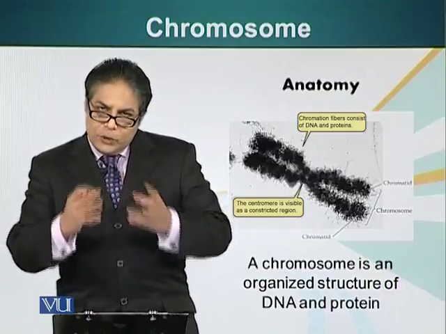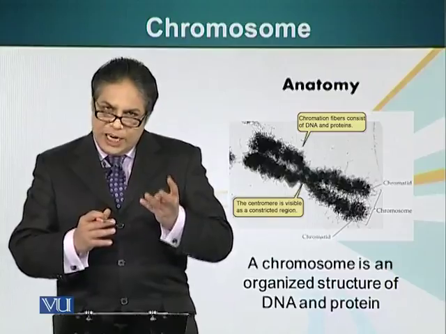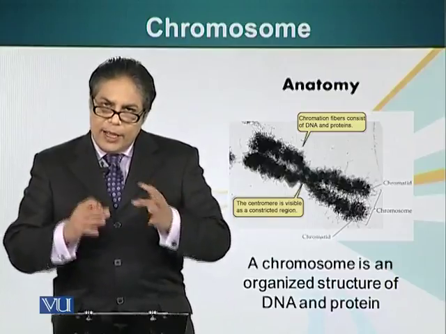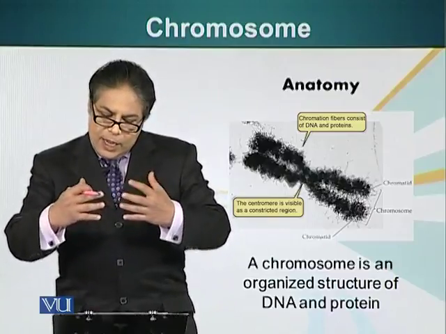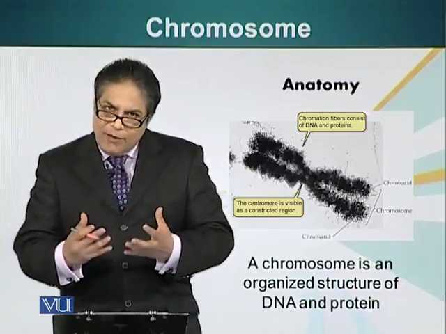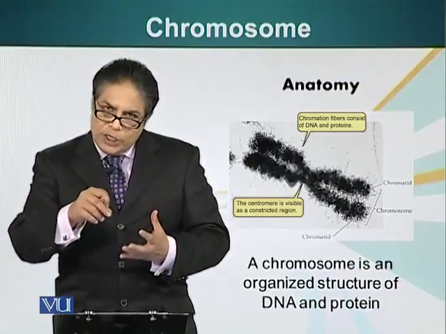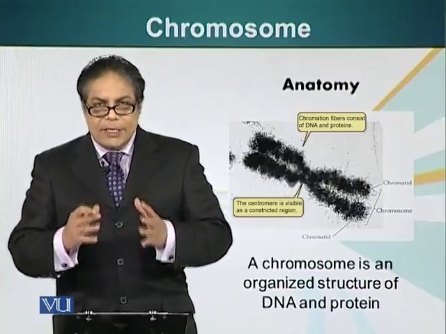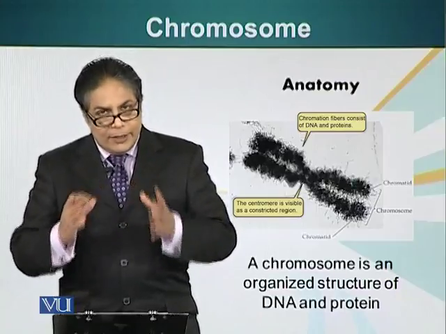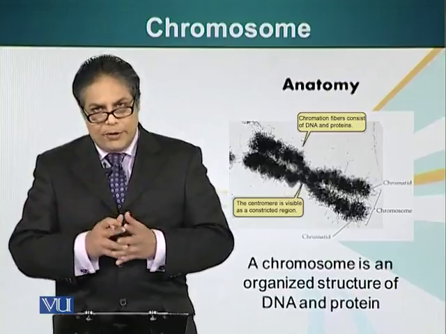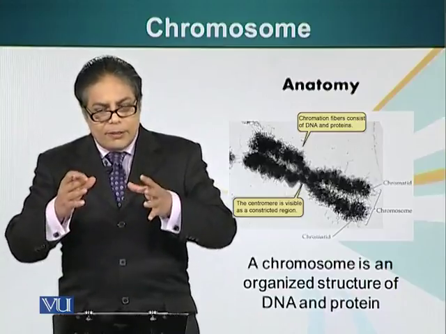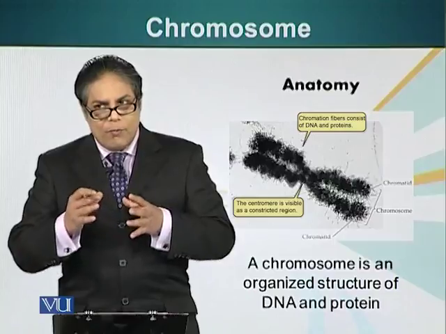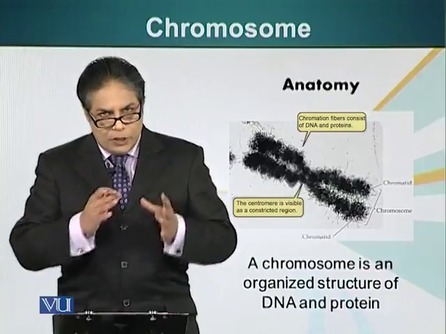A chromosome basically has two components: DNA, the genetic information, and protein that serves as a scaffold around which DNA is wound. I'll show you a photograph in a second. Basically, the length of DNA in our cells is about 2 meters, and the size of the nucleus is 500,000 times smaller.